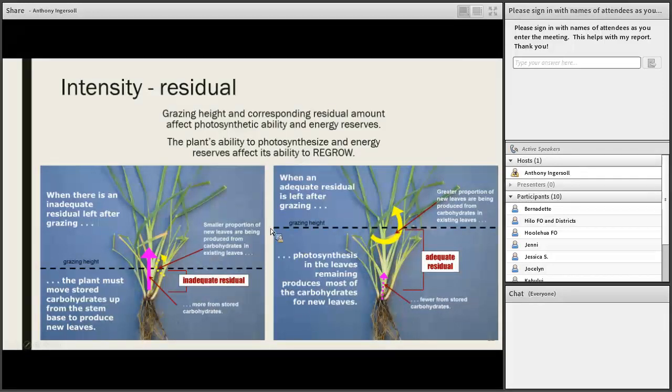However, when the grazing height is higher and more is left after grazing, then this plant now has some solar panels still left that it can start using for photosynthesis, and it doesn't have to rely so heavily on its stored carbohydrates. It may use energy that's being actively synthesized from the sun in order to support that new growth.